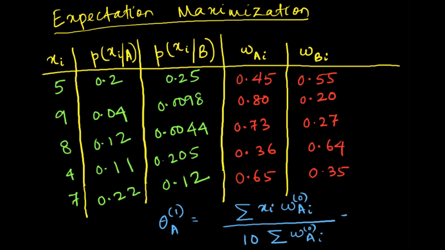So if you do this computation, what you will find is that this is 0.712, and similarly your theta b for the first iteration will turn out to be 0.583.